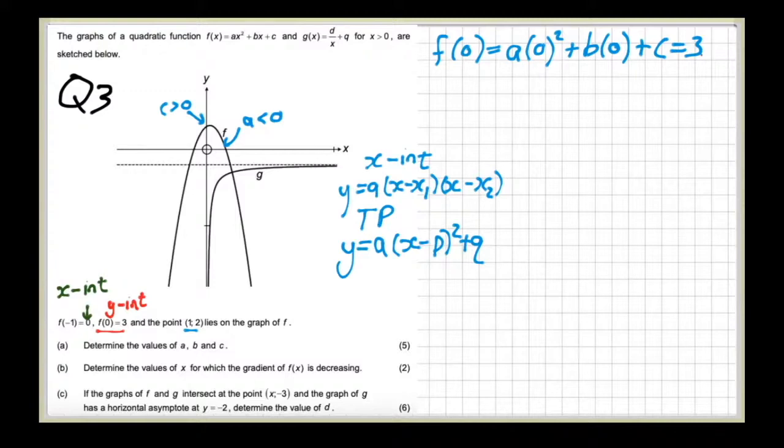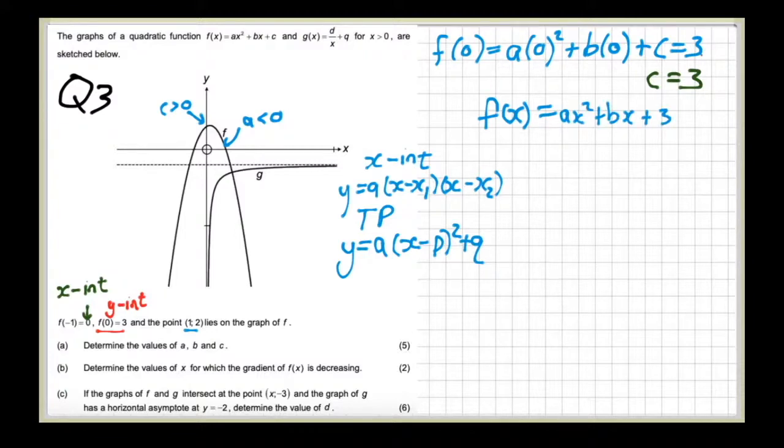Lovely, because only c is left. So in other words, I have that f of x already is equal to ax squared plus bx plus 3.